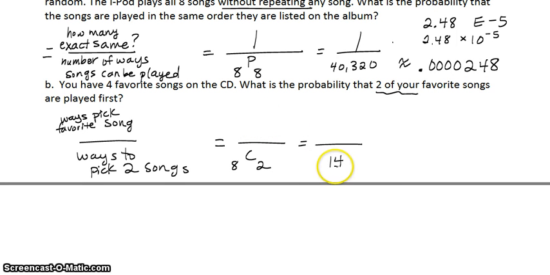Sorry, for the bottom number, it's just how many possible outcomes. But on top, we have to assume we got what we wanted. So assume 2 of the songs got played out of your 4 favorites. So out of your 4 favorites, we know for sure 2 of the songs got played. So there's 6 ways that I could pick 2 of your favorite songs out of the 4.